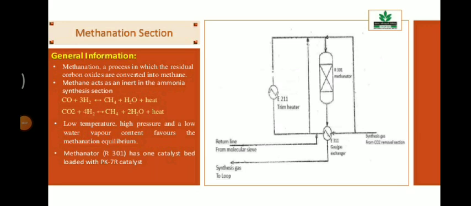Low temperature, high pressure and a low water vapor content favor the methanation equilibrium, and the methanator R301 has one catalyst bed loaded with a catalyst. So these are the catalysts which are used for the methanation.